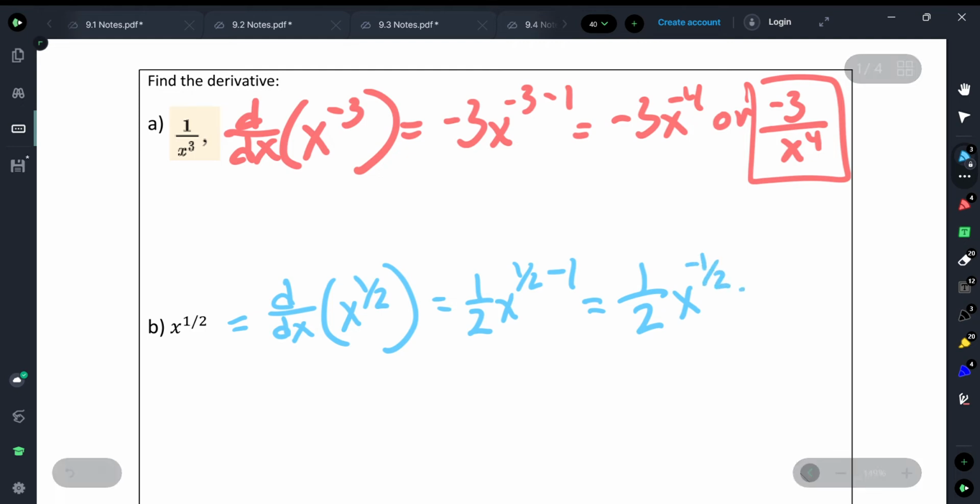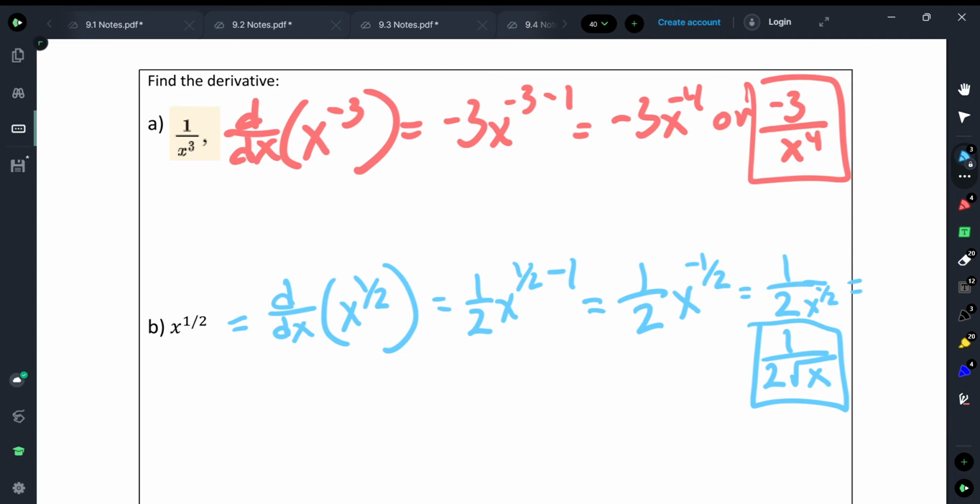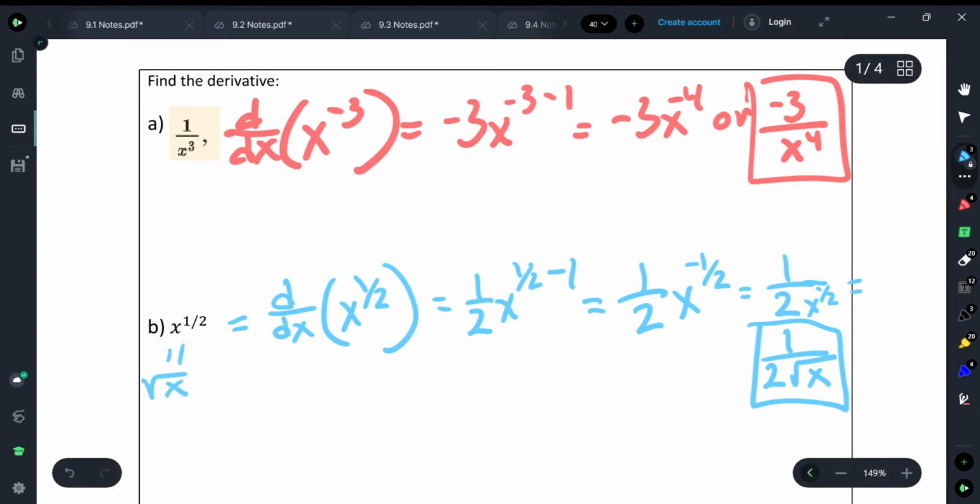Okay, cool. So we got 1/2, and then you got x to the 1/2 power down here at the bottom, which is literally going to be 1 over 2 root x at the bottom. So whenever you take the derivative of x to the 1/2 power or the root x, this is going to be the answer right here.